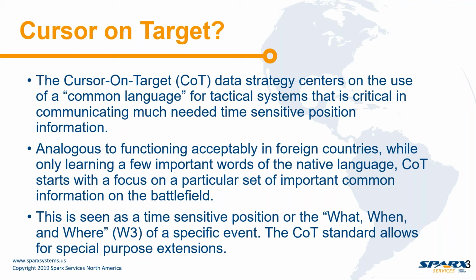So there's just a huge variation in the data which is being transmitted, and this is the reason for the extensibility. However, there are three central concepts which are essential in every COT. First, the what of an event, the when, and the where. Not necessarily only events, it could apply to assets or other systems.